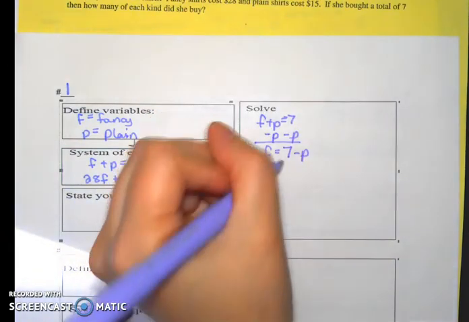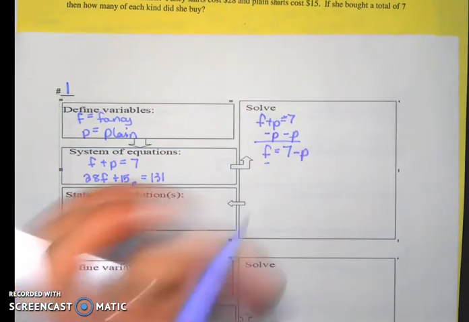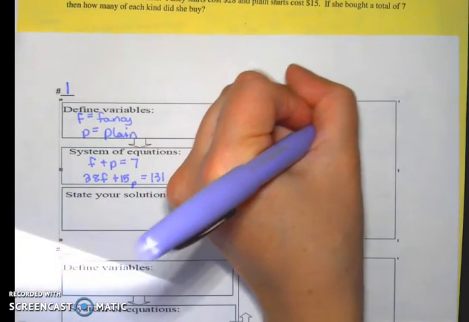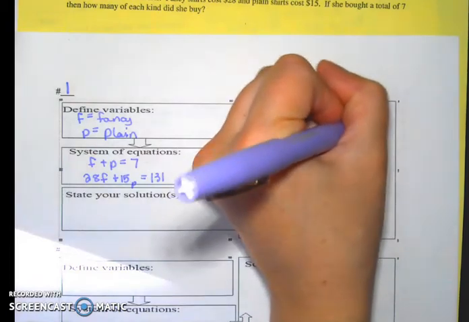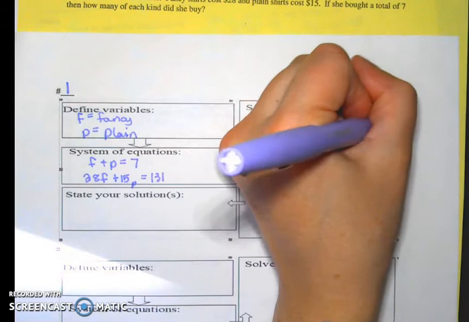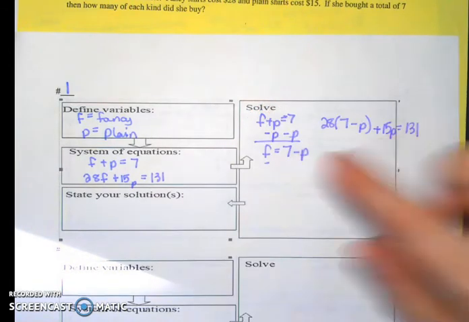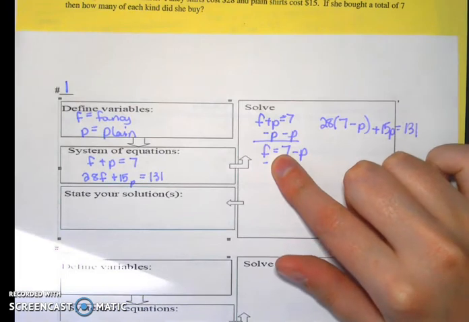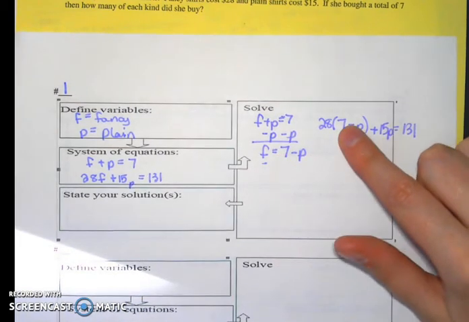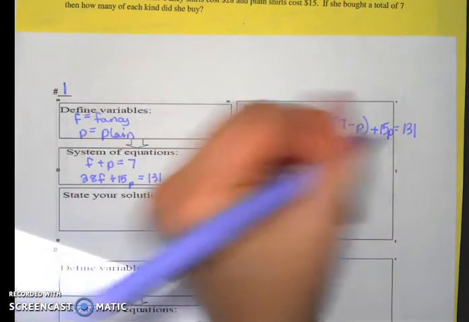Okay, so now I have F, so I can plug that in to my F over here. So 28 times 7 minus P plus 15P equals 131. Basically, I had F equals 7 minus P, so instead of F in my equation, I put 7 minus P. Now I just have P and I can solve for it.